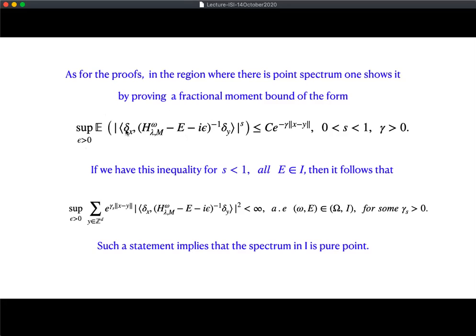But because you are averaging some small moment, it turns out that that quantity is finite. Not only is it finite, but with respect to the distance between x and y, it decays exponentially fast, gamma positive. So the small moment of this decays fast, and one can prove this when lambda is very large.